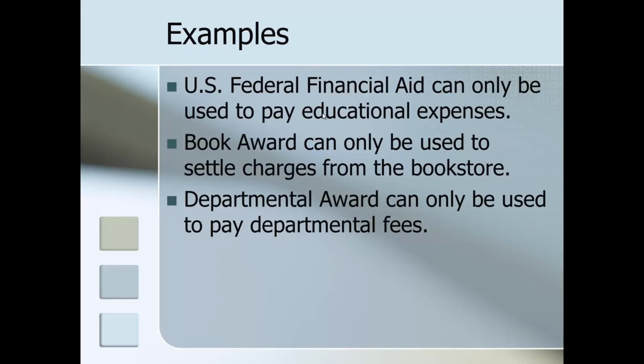You may have a book award that's given within your institution that can only be used to pay charges from the bookstore, and again, couldn't pay that nefarious parking ticket. You may have departmental awards that can only be used to pay certain departmental fees. So that's really the main use case of payment application, that limited fund ability to make sure that the important charges are paid first and the right funds are applied to the right charges.